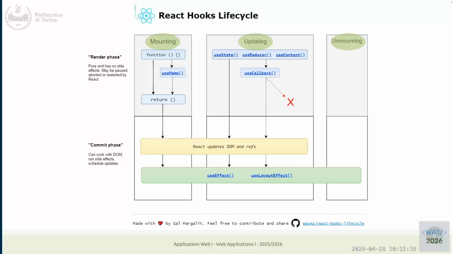One is called the render phase, and the other is called the commit phase. The render phase is what we know best, okay, where the function is called and returns some component tree. This is the functional part, the purely functional part. The first time the function is called, the component is created, the state is initialized, and all the hooks are initialized for the first time.